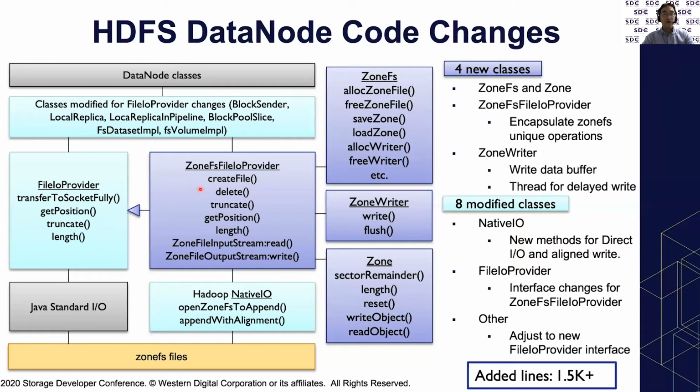This zonefs File IO Provider overrides these methods to implement zonefs unique file operations. These methods use other new classes such as zonefs, zone, or zone writer. This approach hides the uniqueness of zonefs files and then reduces the impacts to DataNode classes.